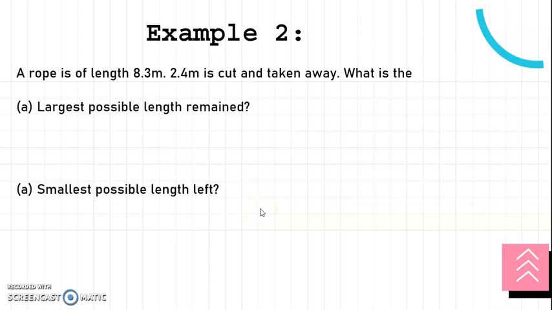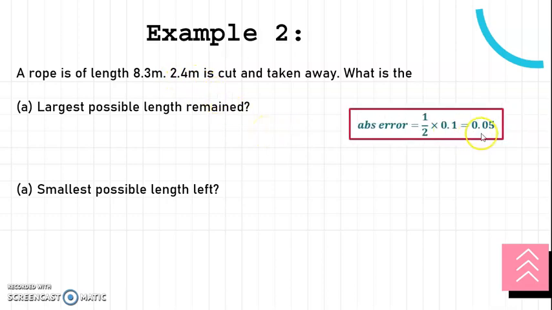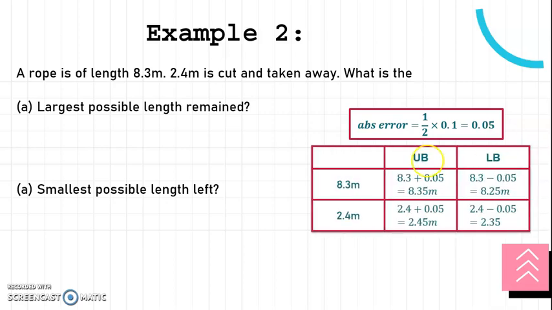The first step you need to do is calculate the absolute value. In this case, the unit of measure will be 0.1, so the absolute value will be 0.05. Once you calculate the absolute error, you have to calculate the upper bound and lower bound for both of these values, okay?